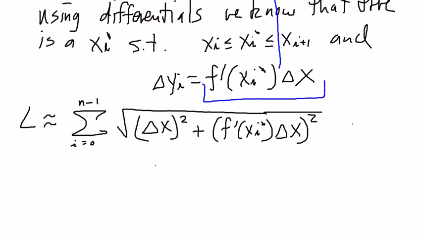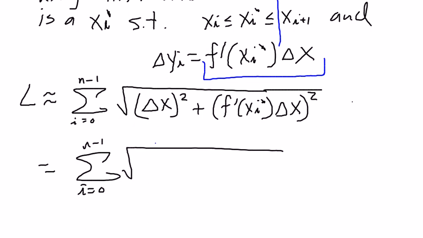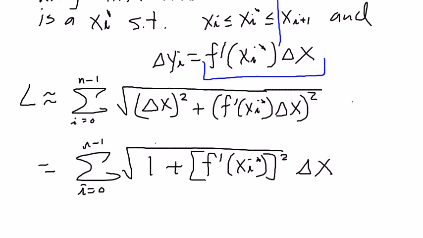Okay, we can factor out a delta x squared from the whole square root and get that L is approximately equal to the sum of the square root of 1 plus the derivative of f evaluated at xi star squared, and factoring out the delta x from the square root, I get delta x there. Okay.